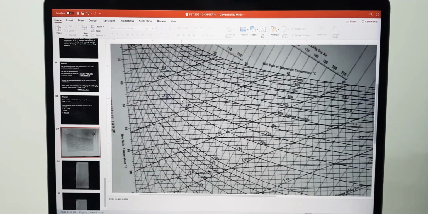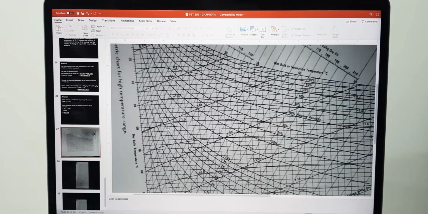And again, using the intercept point between 60 degrees Celsius and 8% relative humidity, you need to draw a line similar to this 0.95 line.